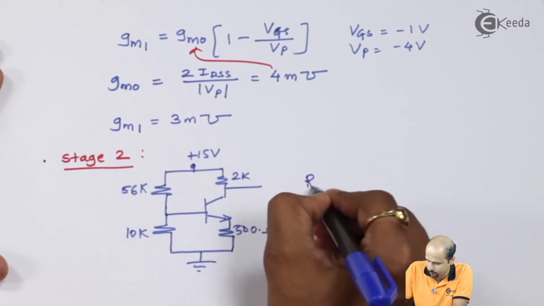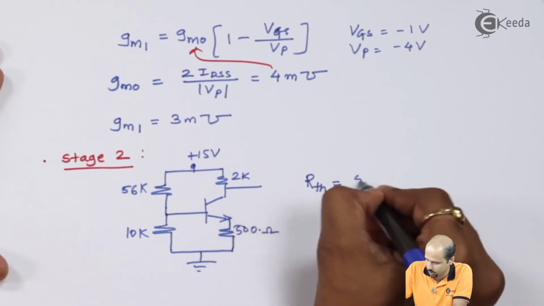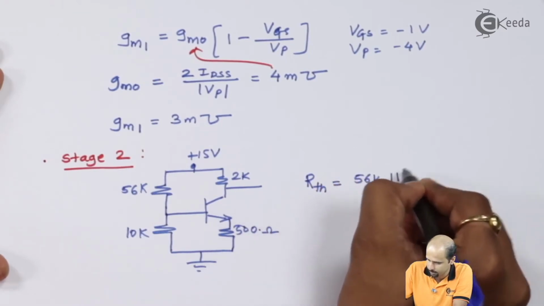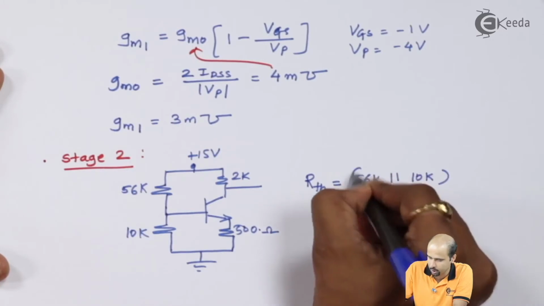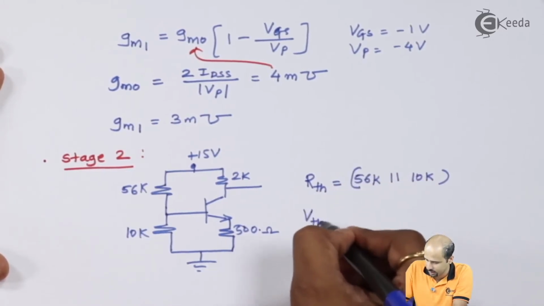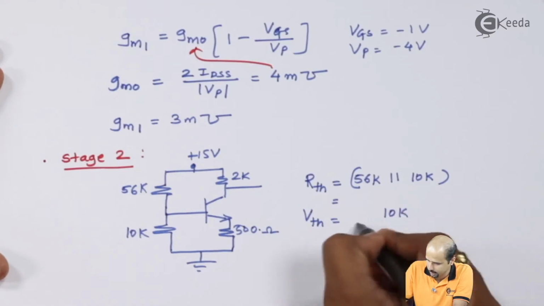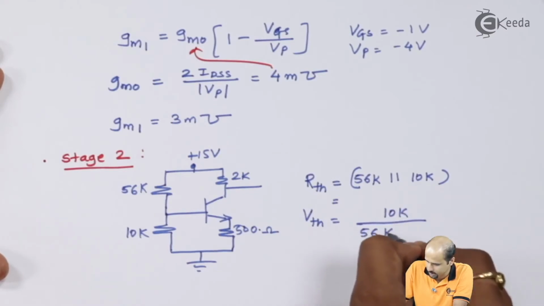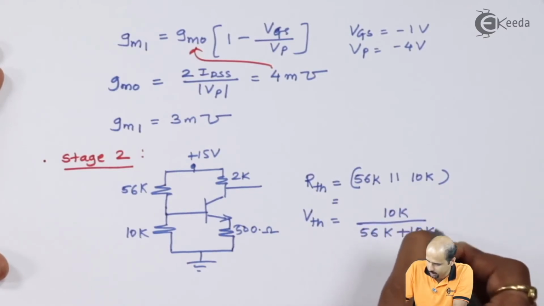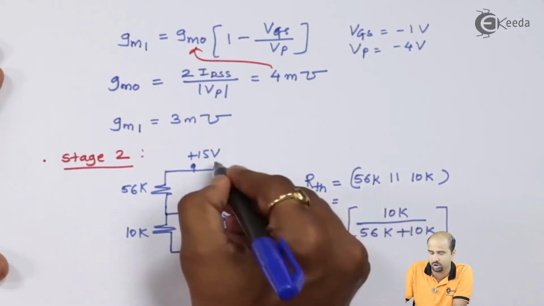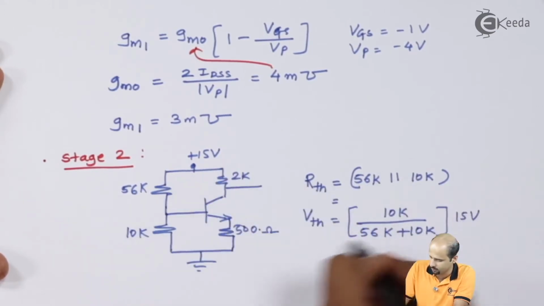So we'll say that RTH is equal to 56K in parallel with 10K. Calculate the value and come back to me. Then VTH is equal to 10K divided by (56K plus 10K) multiplied by the total voltage, that is 15 volts.